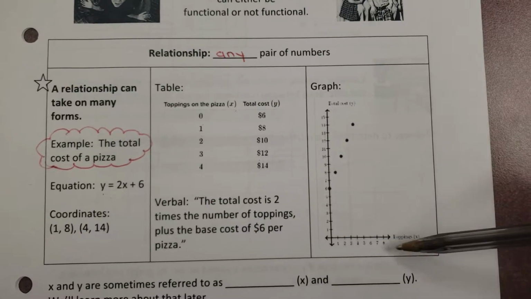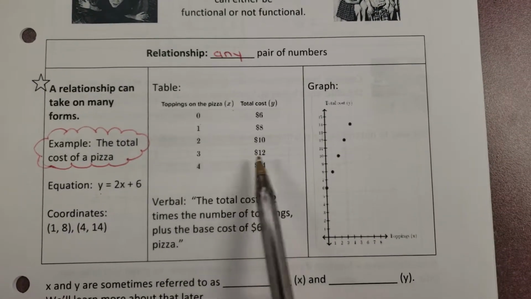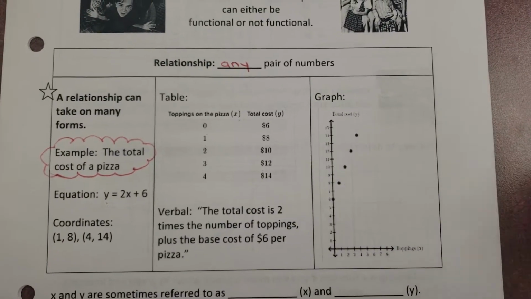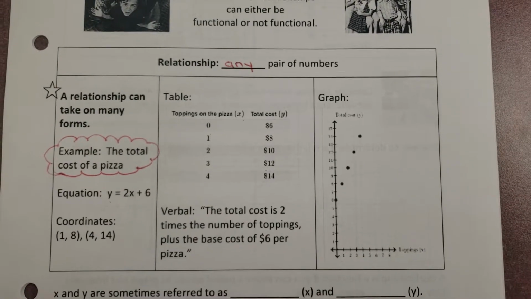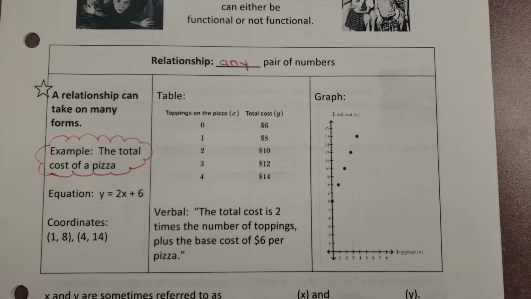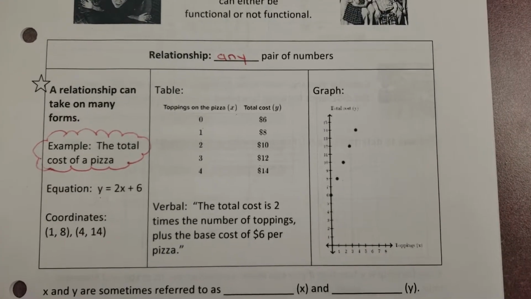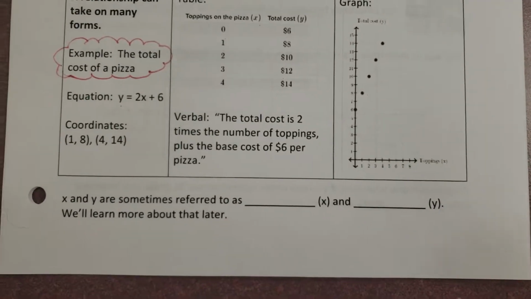So here's the x, 1 over, 8 up. See, we have this (3, 12). So 3 to the right, 12 up. So that's what this means graphically. So all of these things communicate the same thing. It's the cost of pizza per toppings. And yeah, so those are examples of a relationship.